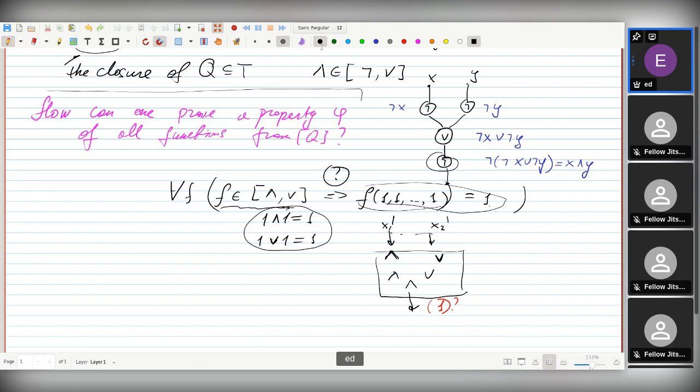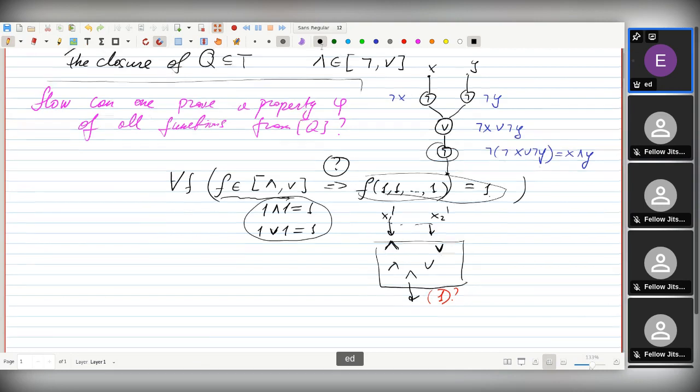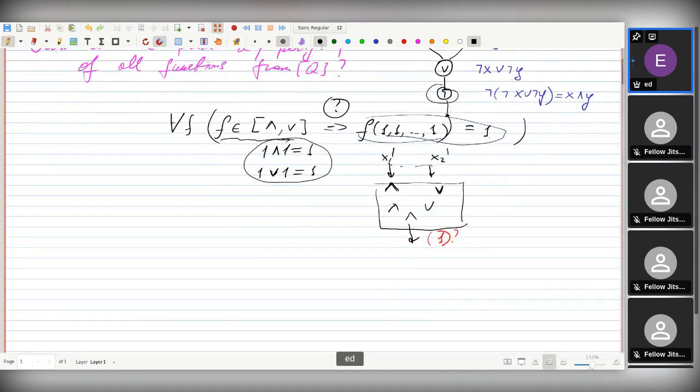But let us analyze this situation abstractly. So we will prove the following lemma, lemma 1, which is about structural induction. Do you remember our induction business with strings from the fall months, from September, October?